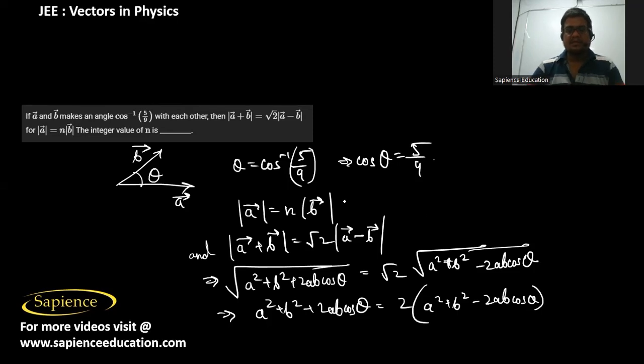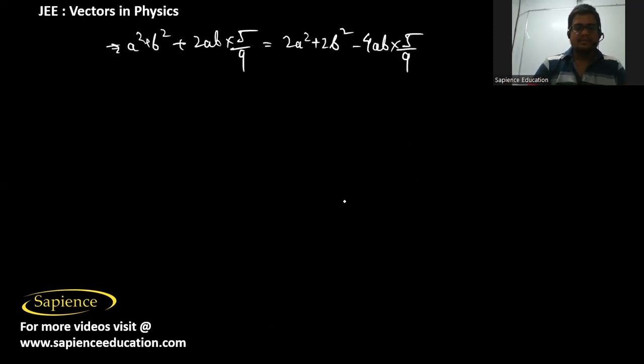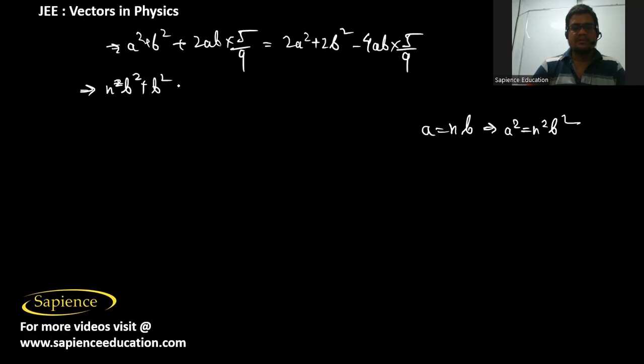And A equals n times magnitude of B. So A equals n times B, therefore A square will be equal to n square B square. So this will be n square B square plus B square plus 2nB square into 5 by 9, equal to 2n square B square plus 2B square minus 4n B square into 5 by 9.